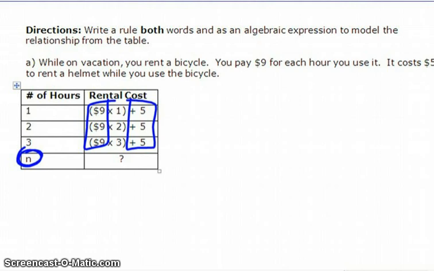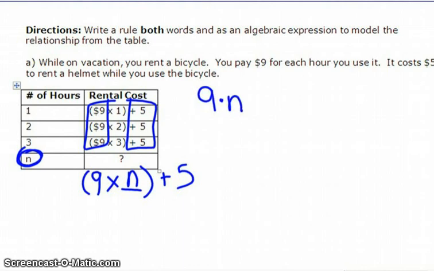So if we're unsure about the number of hours we're going to be renting the bike, we're going to keep the equation the same, 9 times blank plus 5, but since our unknown is the number of hours, we replace that with an n. Okay? It's our unknown. Now again, I told you I don't really like the x as your times symbol, so when I write it, I'm going to do 9 times n plus 5.